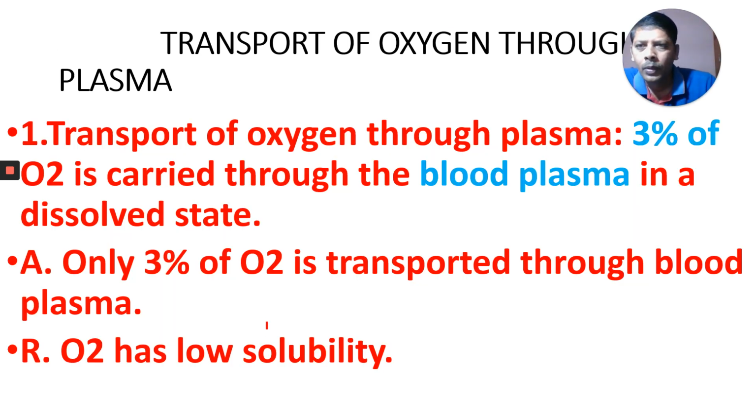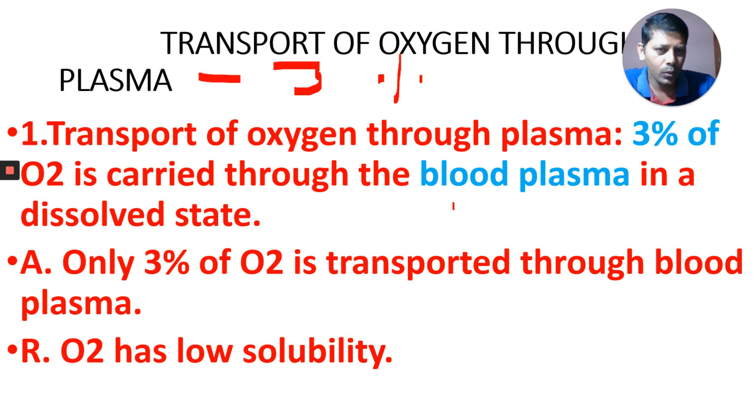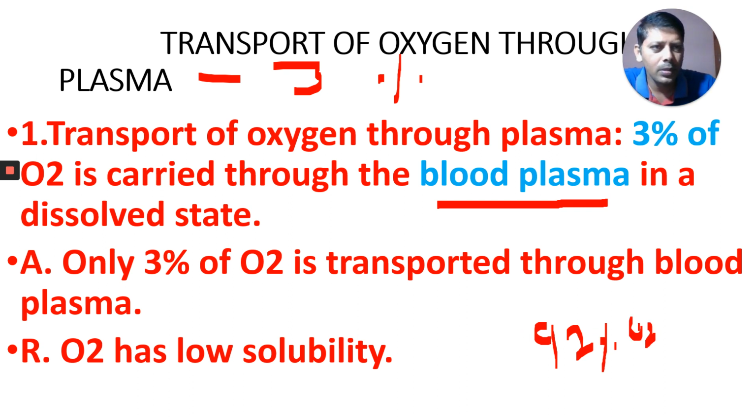Now we are coming to transport of oxygen through plasma. I told you 3% of oxygen is carried through blood plasma. Blood plasma has around 92% water.